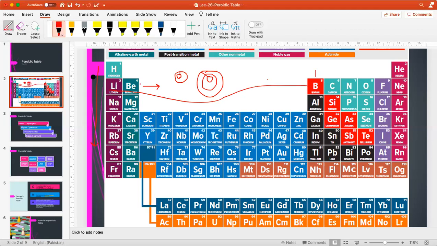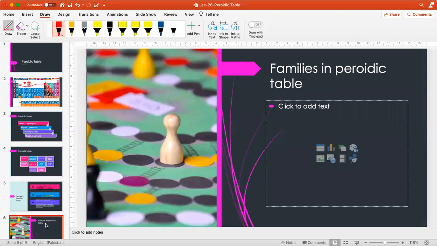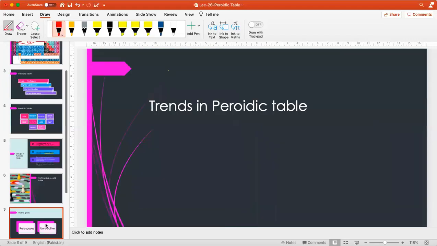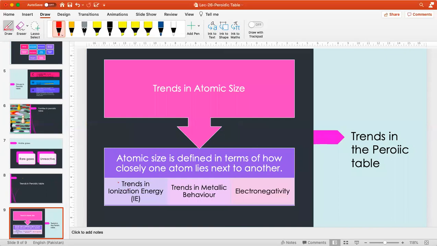Then we come to the next topic, which is known as, let me get it, the next slide, which is trends in ionization energy. First of all, you need to understand what is meant by ionization energy.